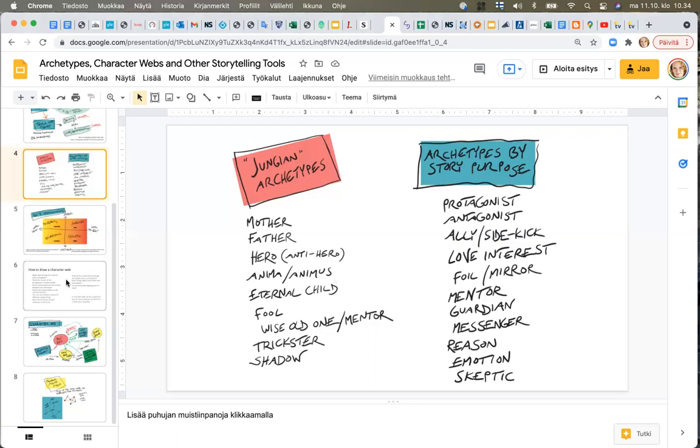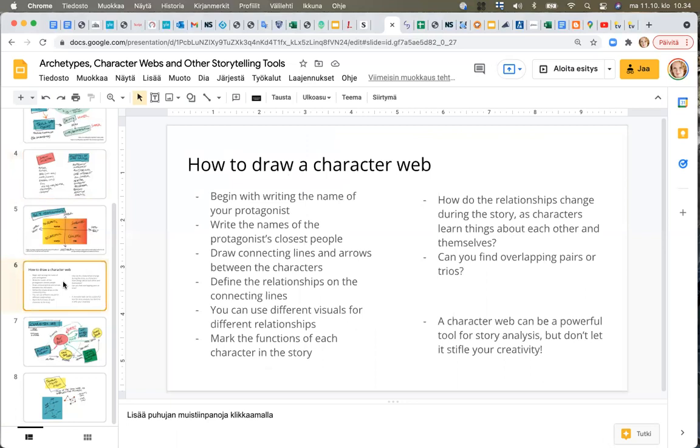Okay, so let's go and see how to draw a character web. There's no definite right or wrong. I have learned this more or less myself, and then used a couple of books, taking the best that I could use out of them.